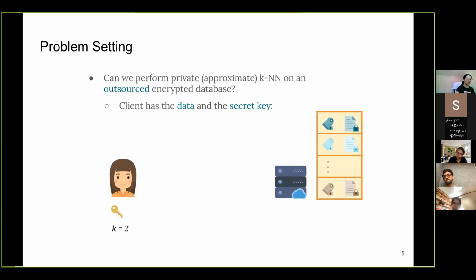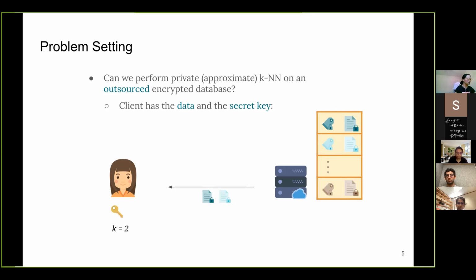And the server keeps the encrypted database, and on her queries, suppose she is sending the query tag, the blue tag here, and the server will find the approximate 2-NN, in this case, the 2 blue tags that match the query, and send the associated documents back to the client.